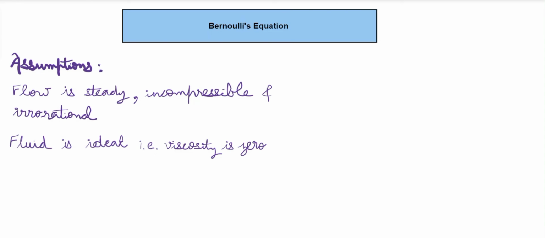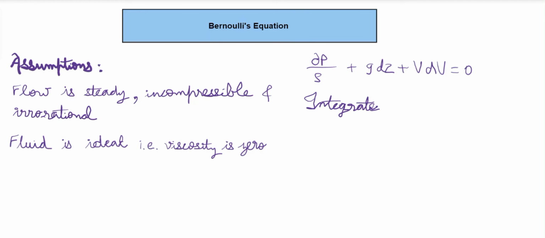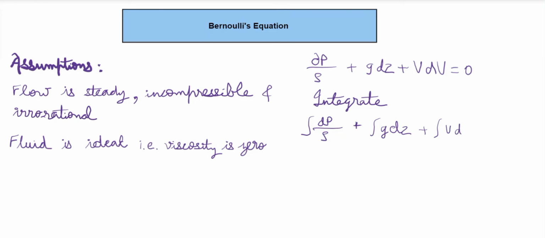We'll derive the Bernoulli's equation by integrating the Euler's equation of motion, which is del p by rho plus g dz plus v dv is equal to 0. We'll just integrate this, and on integrating we have integration of dp by rho plus integration of g dz plus integration of v dv, which will be equal to a constant.